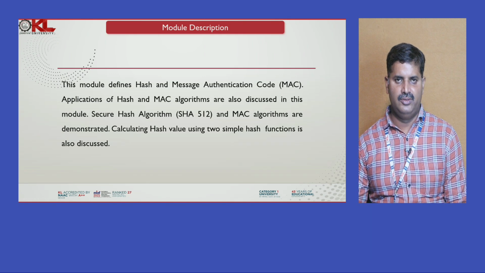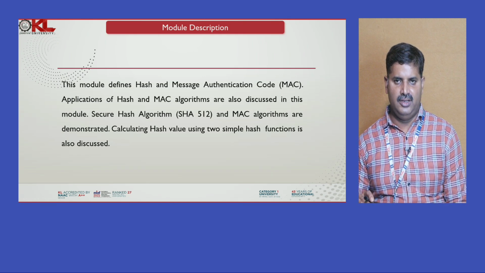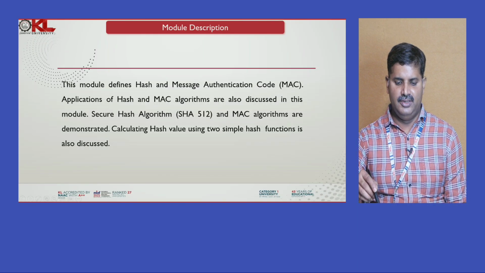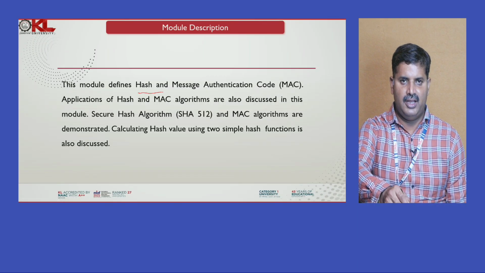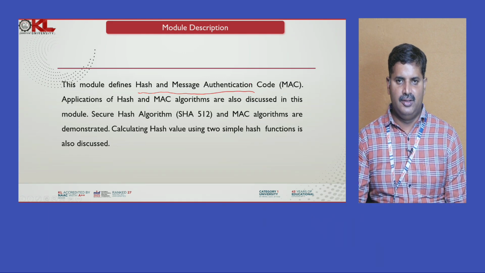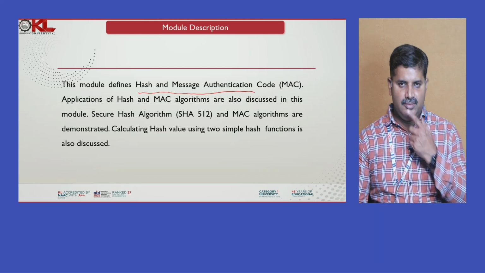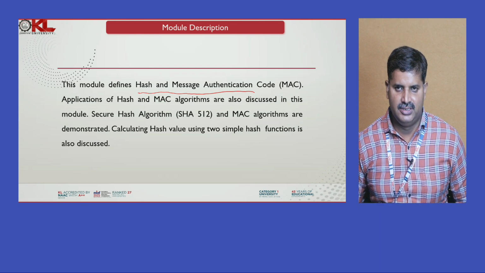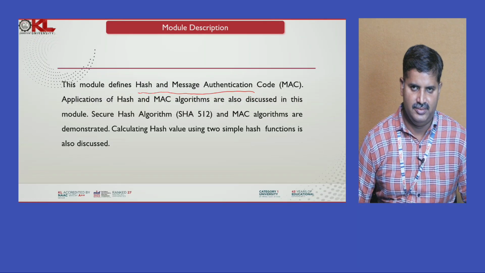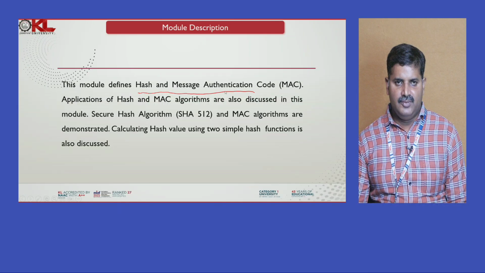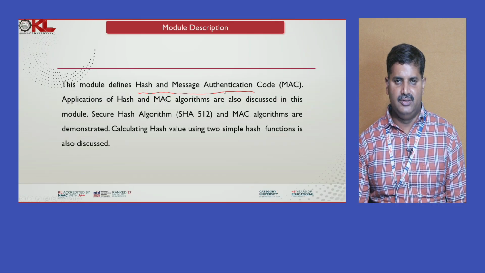Now I am going to describe the hash function. Here this module defines the hash and message authentication codes, where the entire integrity has to be implemented using this first method. So this is the first method where a cryptographic hash function is implemented.